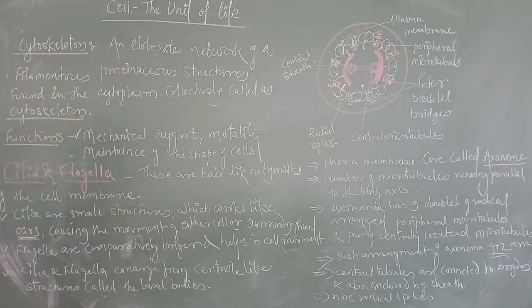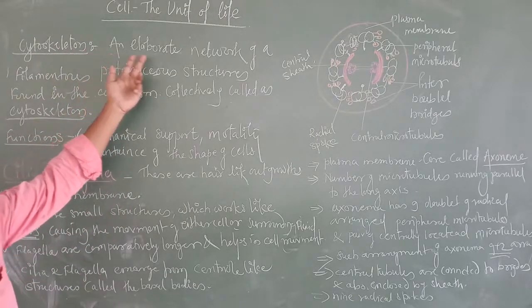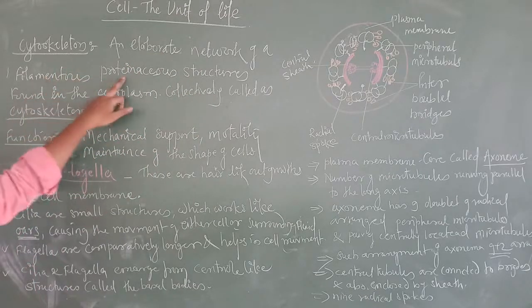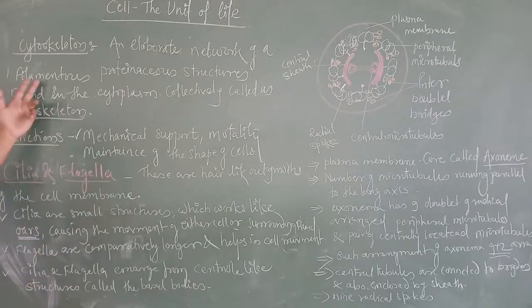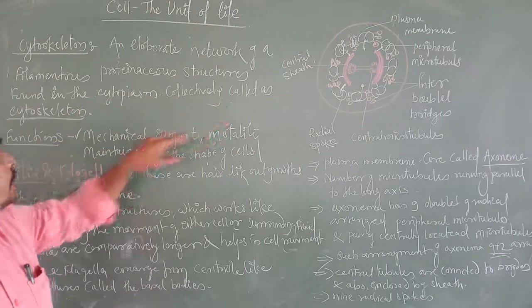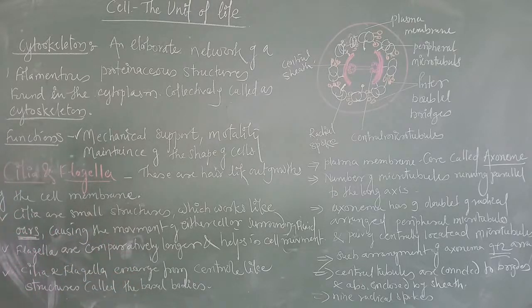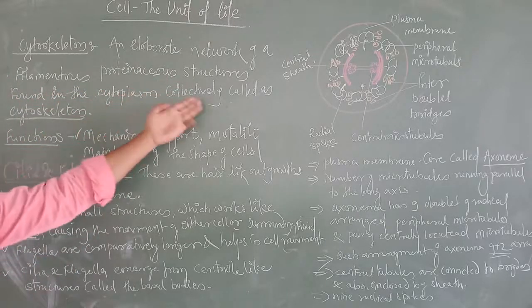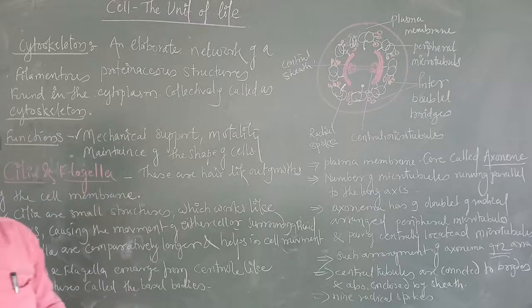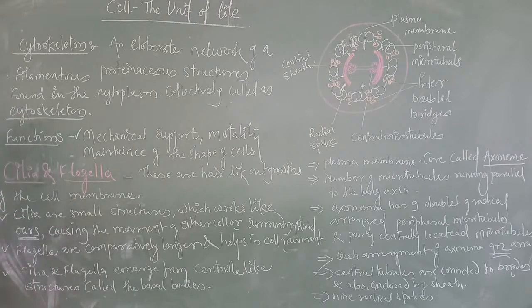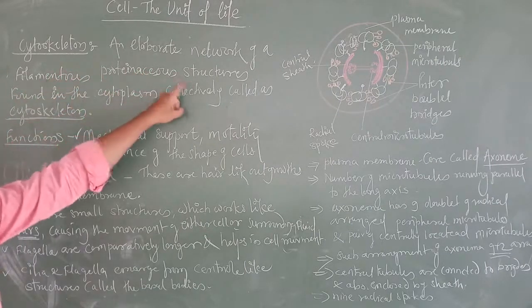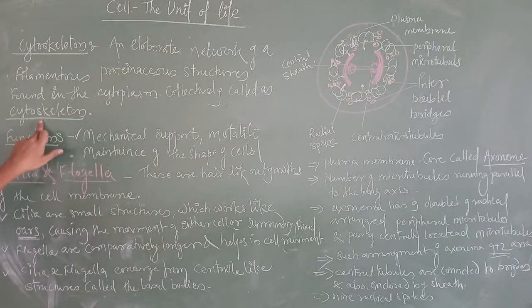What is the cytoskeleton? It is an elaborate network of filamentous proteinaceous structures found in the cytoplasm, collectively called the cytoskeleton. This is very important.